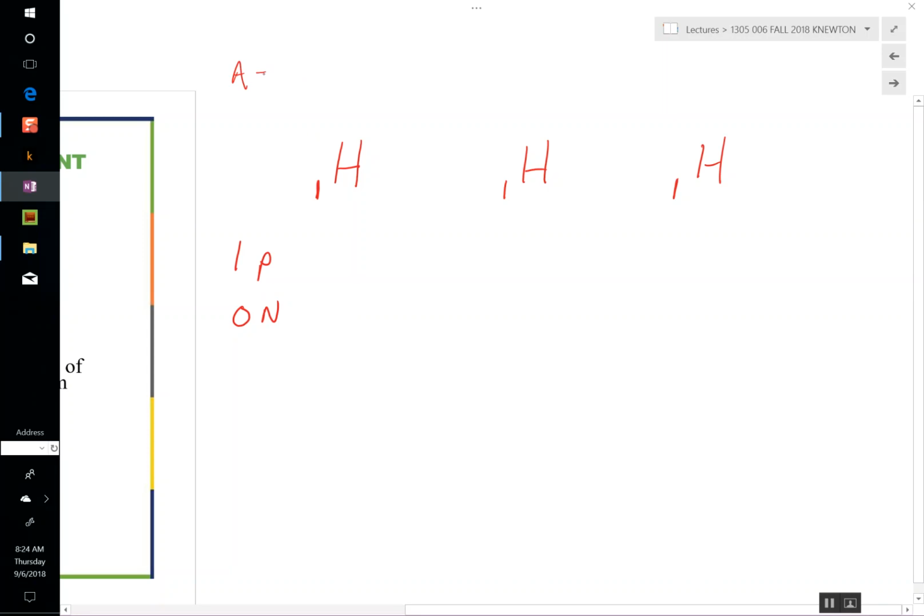And A, the mass number, equals the number of protons plus the number of neutrons. On Tuesday I showed you that earlier slide, that had the mass of the proton, neutron, electron. Remember? And I said the protons and neutrons are almost 2,000 times heavier than the electrons. The protons and neutrons are just about the same mass.